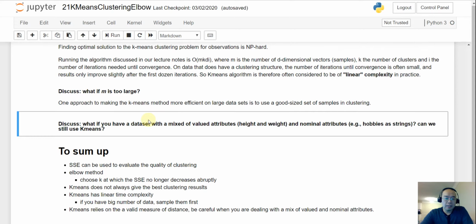And the last thing is, k-means relies on a meaningful distance measurement. If you don't have that, then you may have to work on this first before you move on and do the k-means. Okay, so that's it for this lecture, and I will move on and give you another exercise.